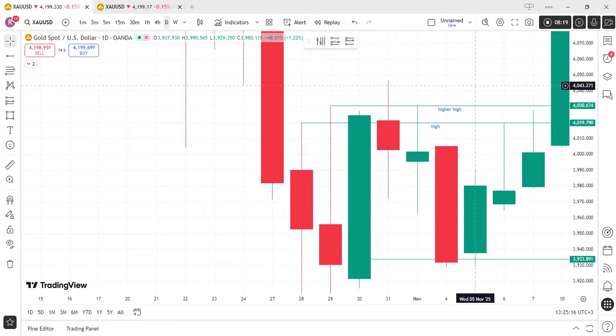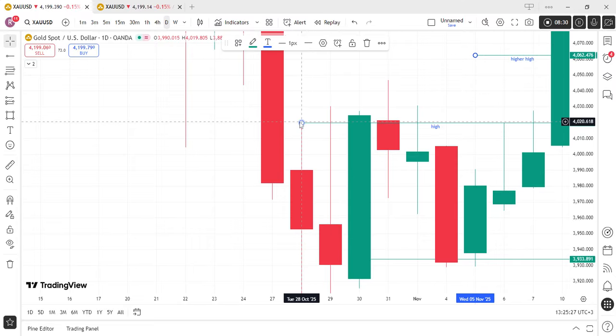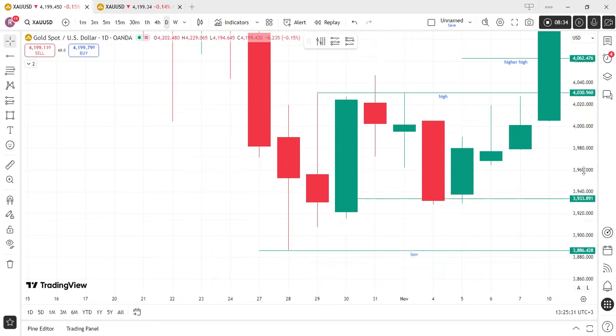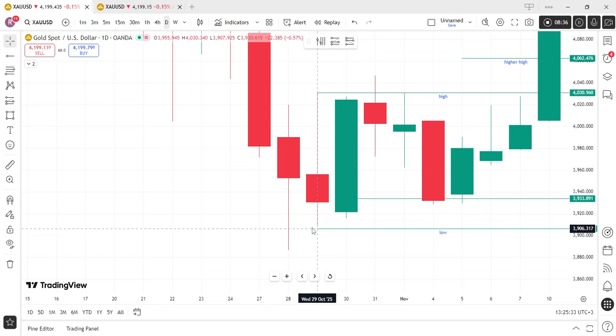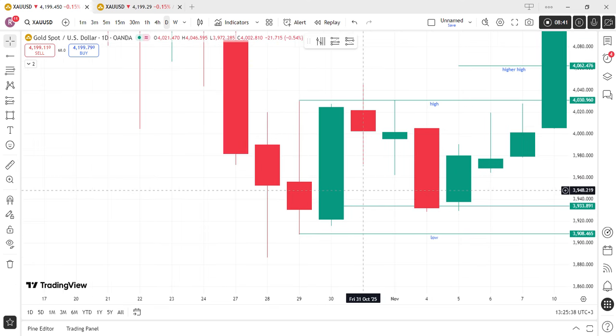In this scenario, for us to trade Friday, we're going to relate Thursday to Wednesday. So this is the high in this scenario, and this is the low of Wednesday, right? Take a look at this. Price on Thursday did not manage to give us a higher high or higher low, and this is what I call an undecided market.